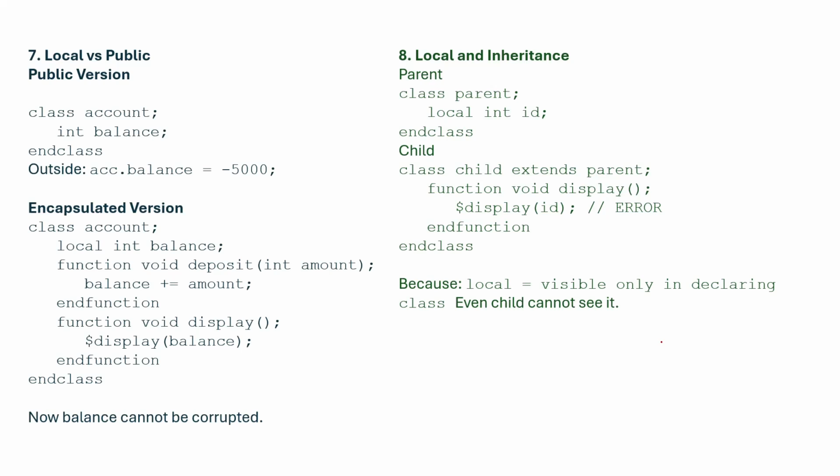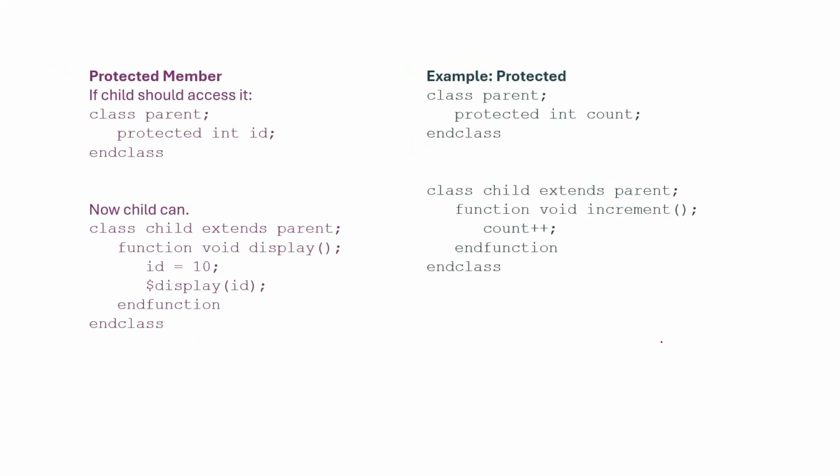Otherwise, we can't call directly whatever properties are in your local class in your derived class. Protected members. Protected means we can access it in the normal class, the parent class, as well as the child class. So both can access that, but the module can't have the access. Outside the class we don't have the access.